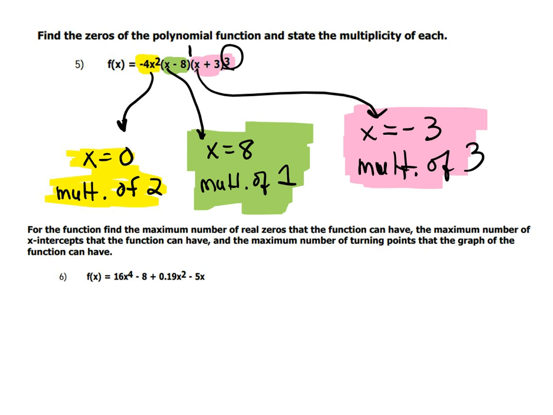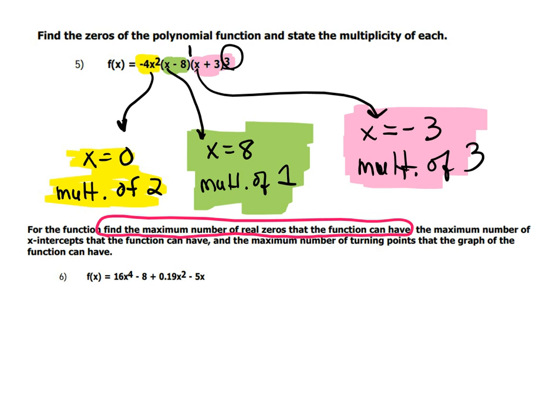Anyway, that's that answer. Now, for number 6, it says, for the function, find the maximum number of real zeros that the function can have. Okay, find the maximum number of real zeros that the function can have.